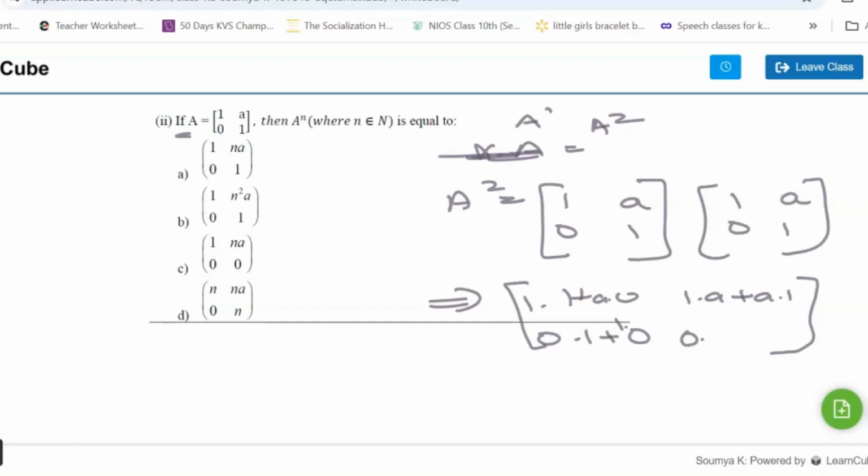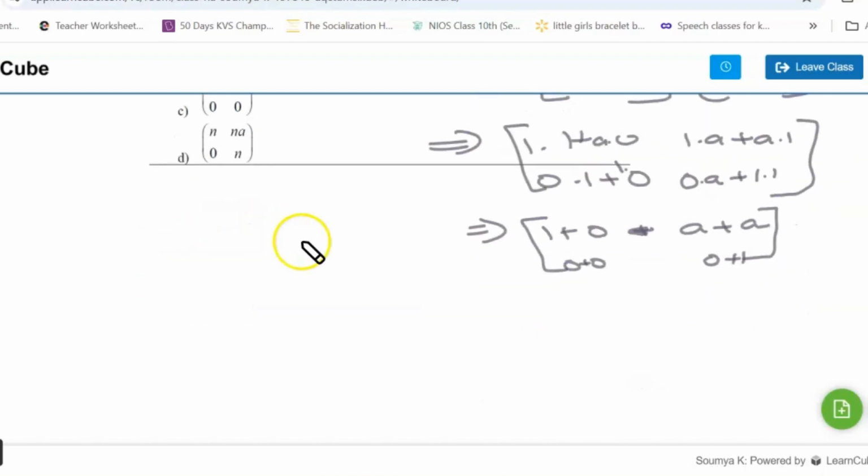Next one is 0 into A plus 1 into 1, which will be equal to 1 plus 0, A plus A, 0 plus 0, 0 plus 1. Okay, this is the answer for your A square.